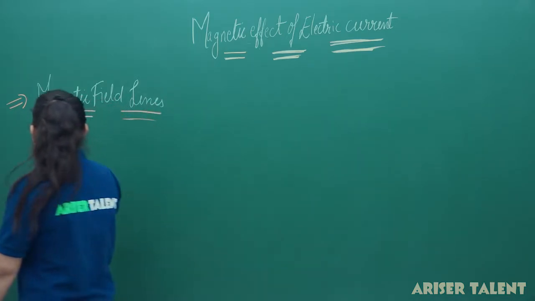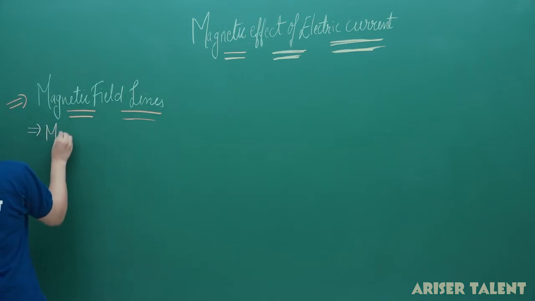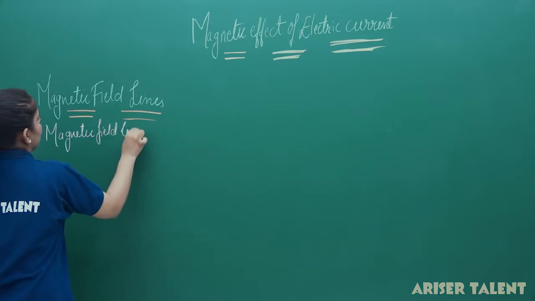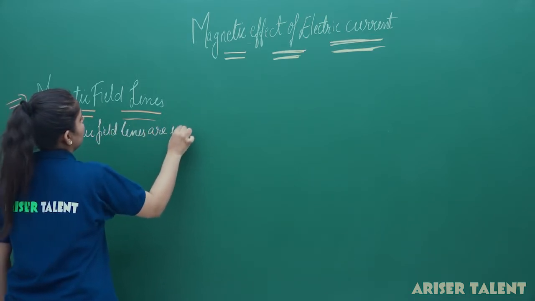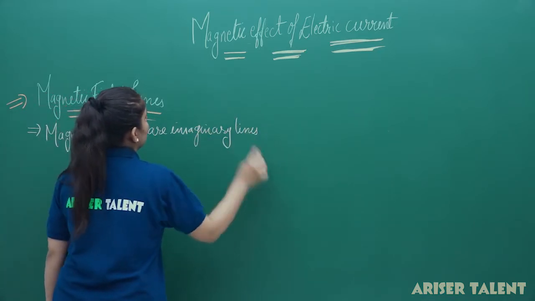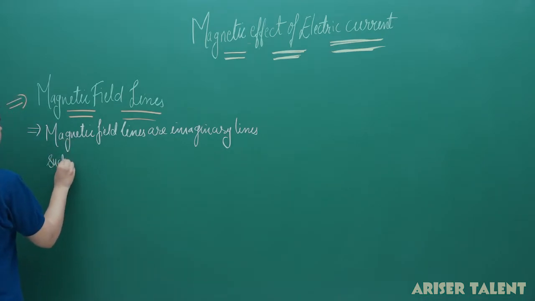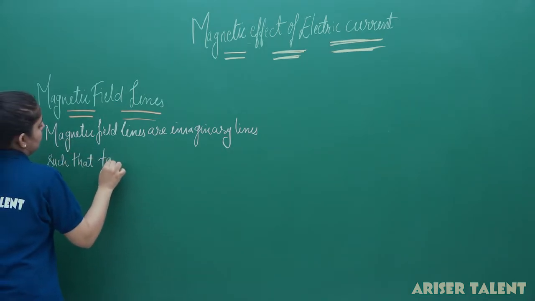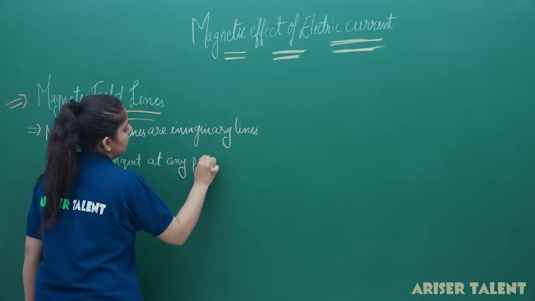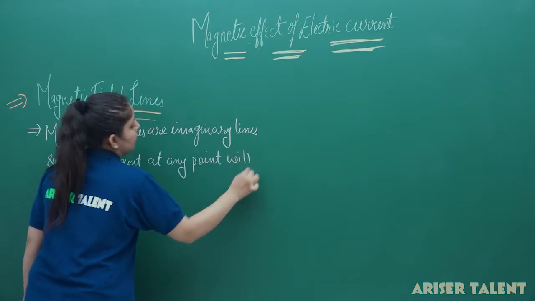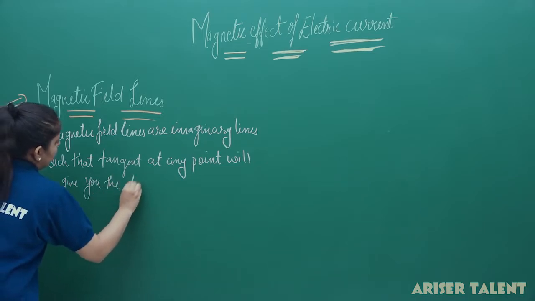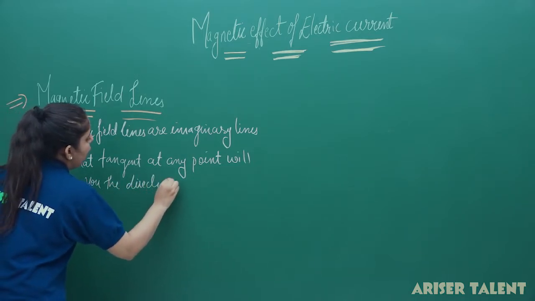So, magnetic field lines are imaginary lines such that the tangent at any point will give you the direction of the magnetic field.